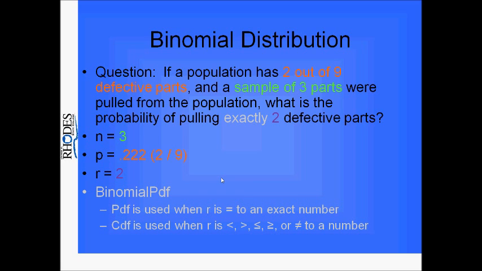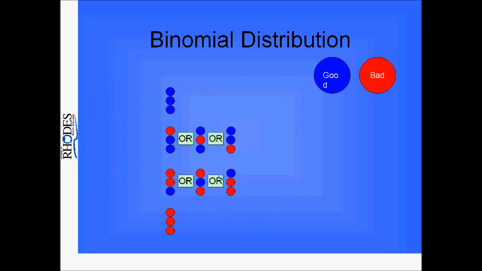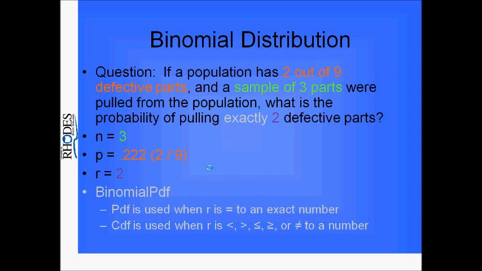And we want to use binomial PDF, because we're trying to find the exact number. It's exactly 2 defective parts. Okay? So when we do that, I'm going in on my calculator, go into probability, and I want a binomial PDF.